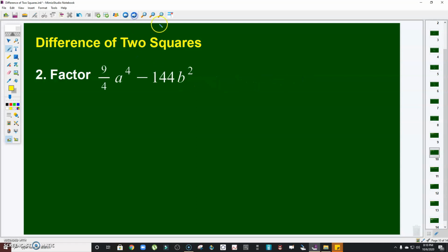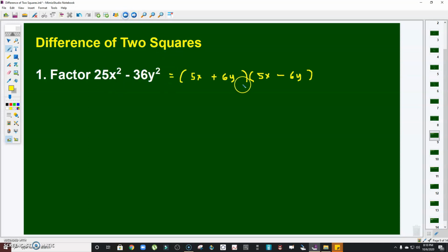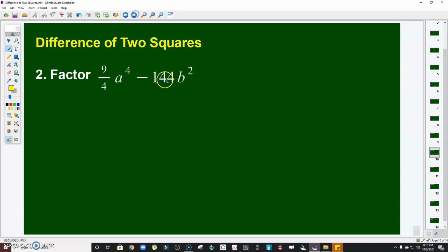Next, example number 2. Factor 9/4 a to the fourth minus 144b squared. 9/4 is a perfect square, and 144 is a perfect square. Actually, we can do this the same way we did in number 1. However, take note, you can factor out 9 first, since 144 is divisible by 9.